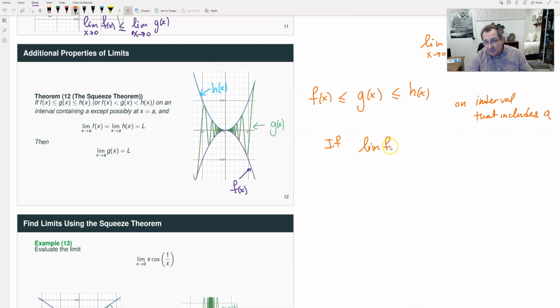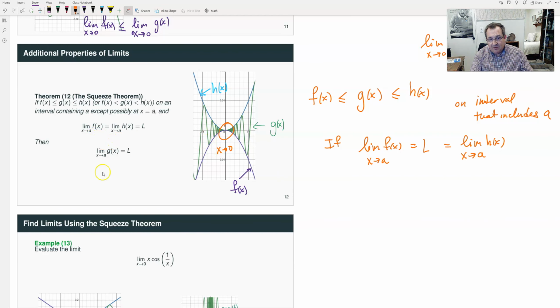Suppose the limit of the bottom function f of x as x approaches a is equal to L, and the same limit holds for the top function. So h and f meet, like here. When x goes to 0, the top function and the bottom function meet. They have the same limit.